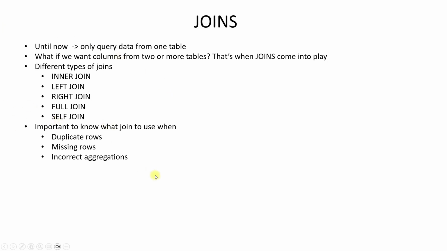I'm going to dive into these a lot deeper, but for now, just know that there are different types of joins. We have the inner join, the left join, the right join, the full join or full outer join, and also the self join.